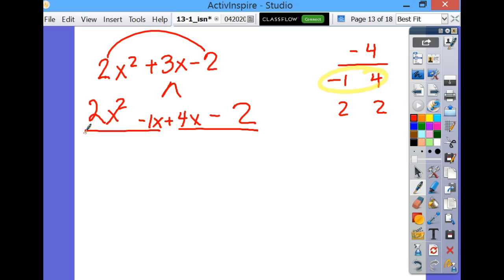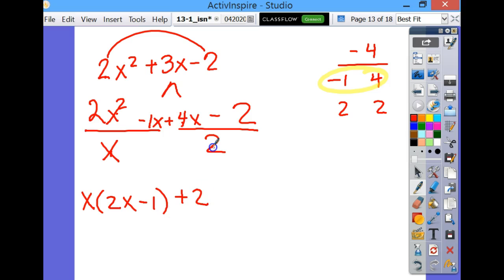What factors out of the first term? And what factors out of a 4 and a 2? When you factor out an x, the 2 stays and that reduces by an x. 1x divided by x is just 1.